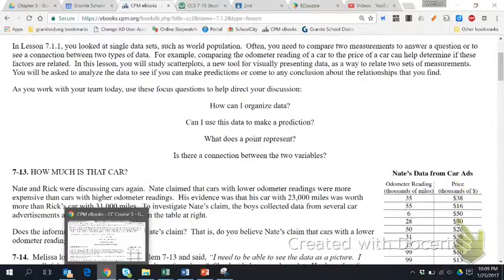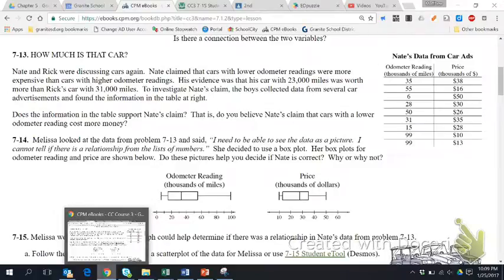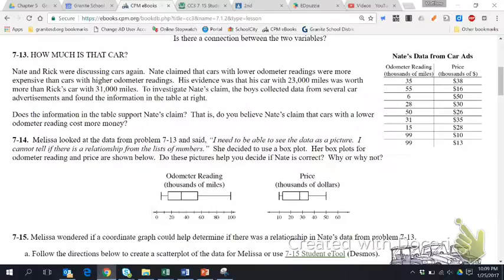So we're going to start with this first question, 7-13. Make sure on your paper that you put 7-13. And now we'll read. So Nate and Rick were discussing cars again. Nate claimed that cars with lower odometer readings were more expensive than cars with higher odometer readings. His evidence was that his car with 23,000 miles on it was worth more than Rick's car that had 31,000 miles on it.